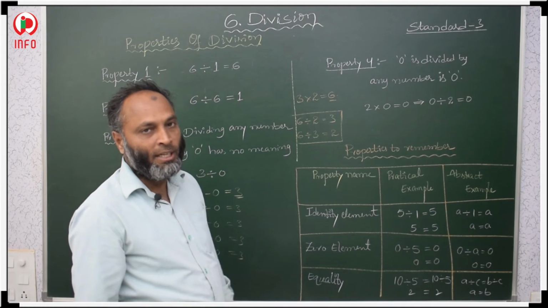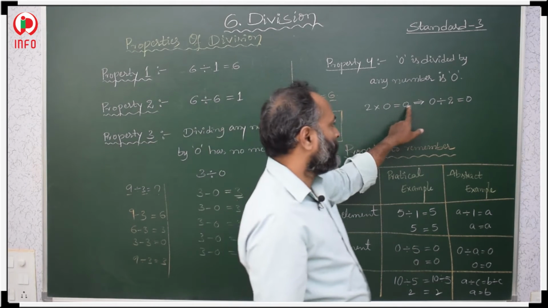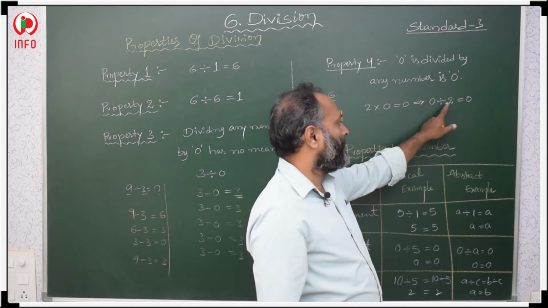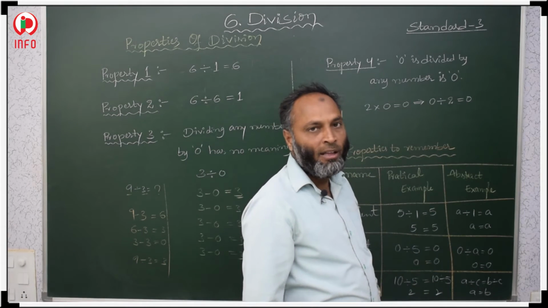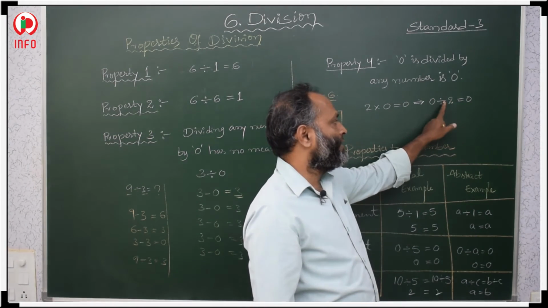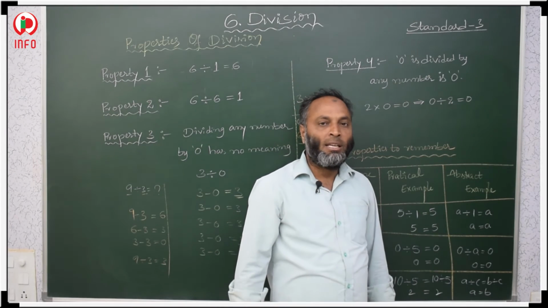In the same way, the product is divided by the first factor, and we should get the second factor. That is why if 0 is divided by any number, the answer is 0.